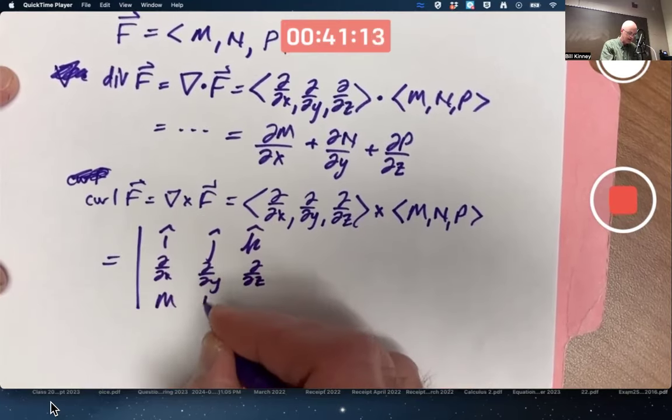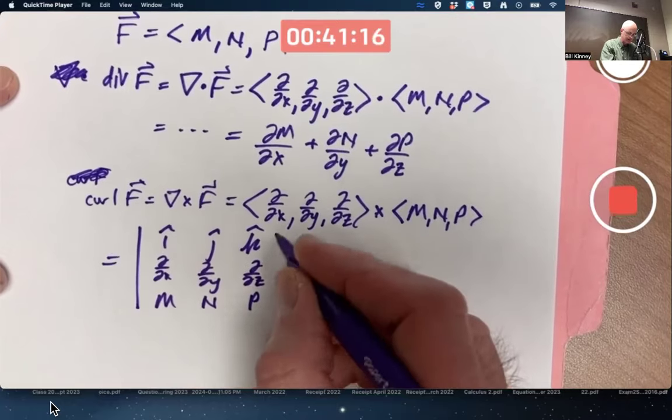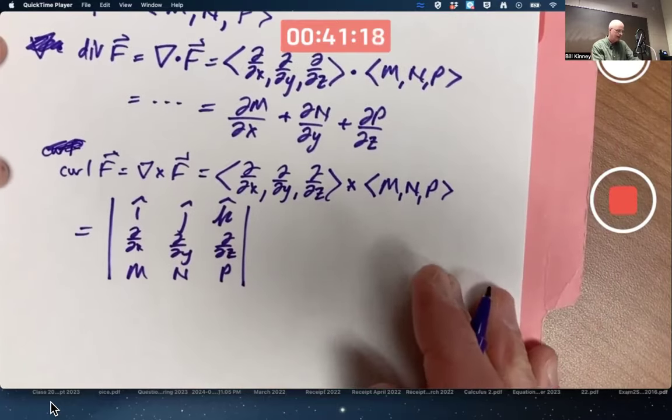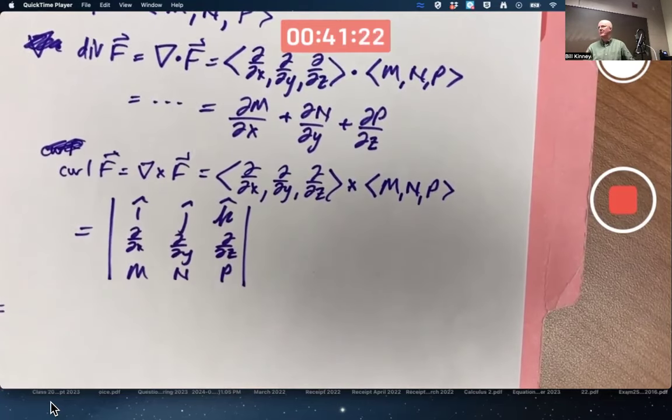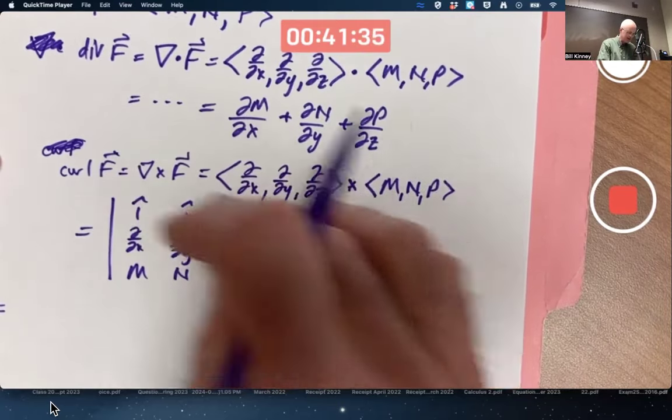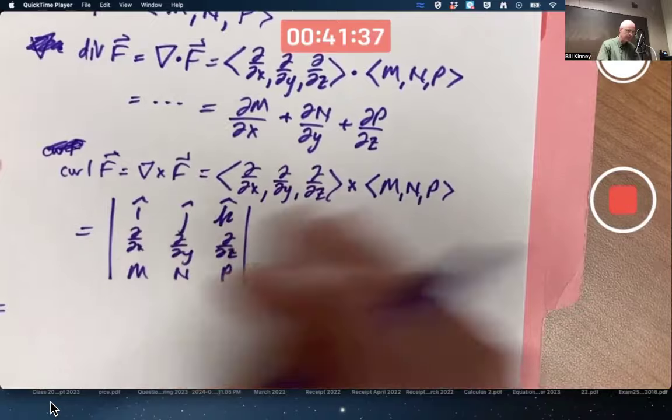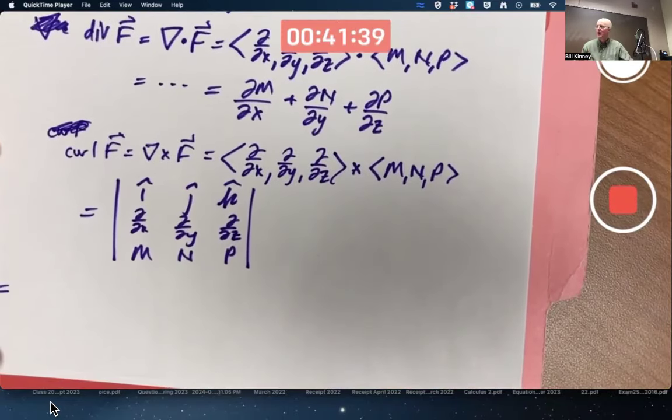And the vector field components are the third row. I am sort of old school here and remember formulas for determinants of 3x3 matrices, procedures for those determinants better than I remember the procedure for doing all those arrows everywhere. I mean, you added those first 2 columns, I think, and you went zoom, zoom, zoom, and zoom, zoom, zoom. But I'm afraid I'm going to get it wrong if I do it that way.